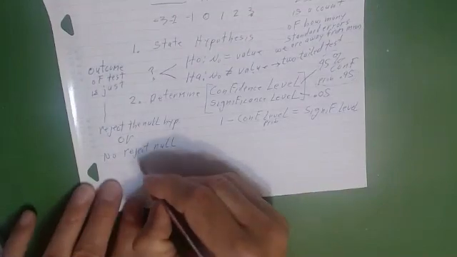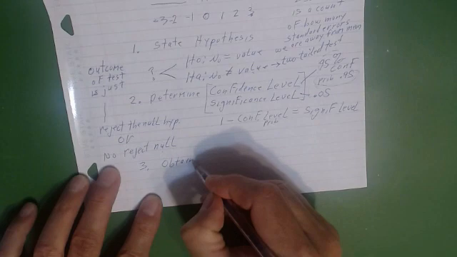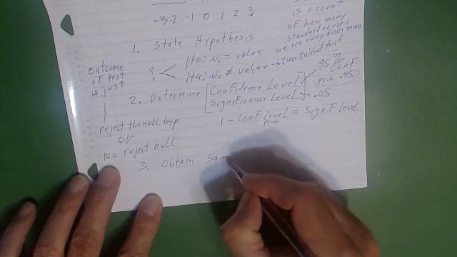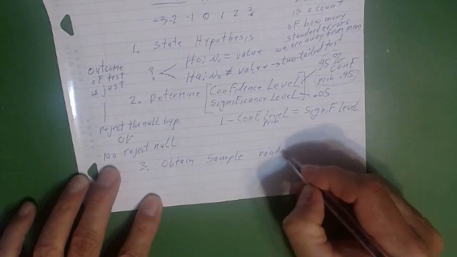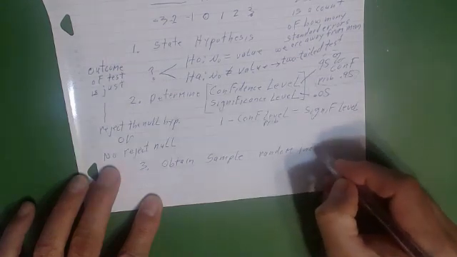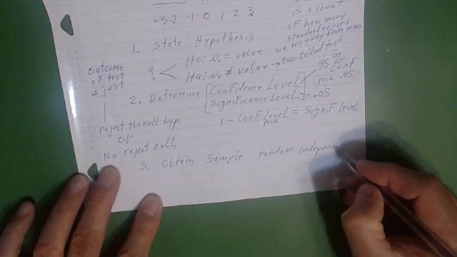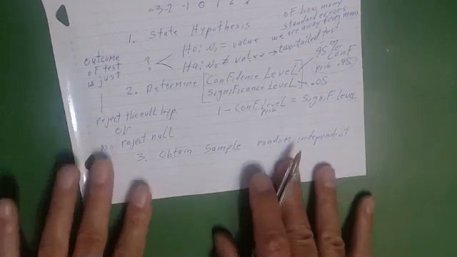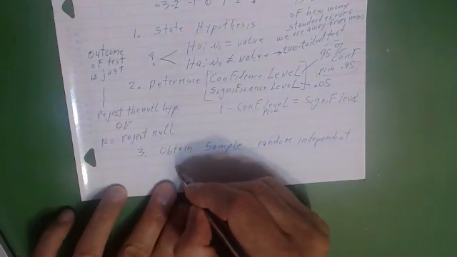So step 3, obtain a random, independent sample. And that sample is going to give us X bar, right?